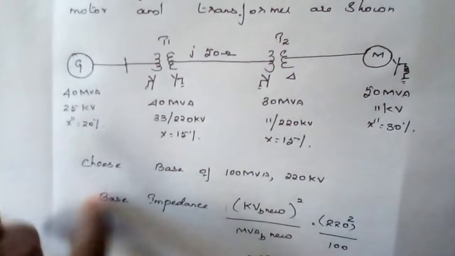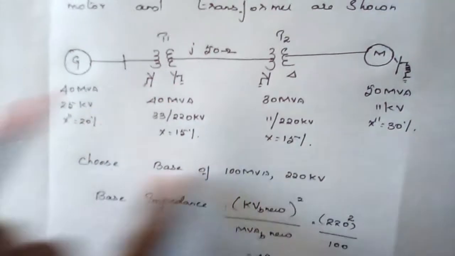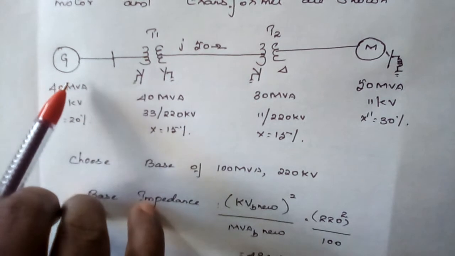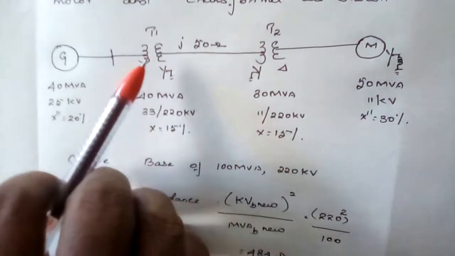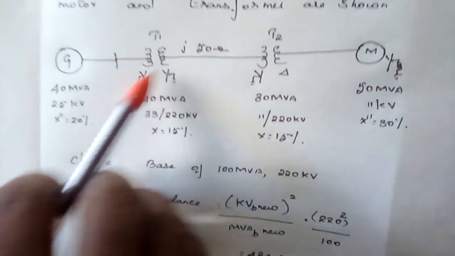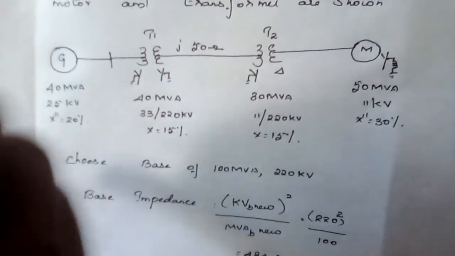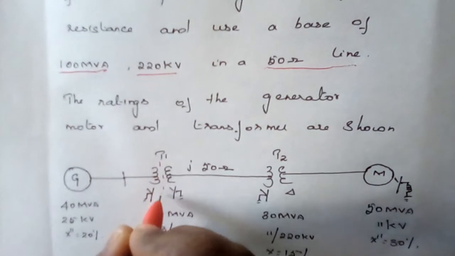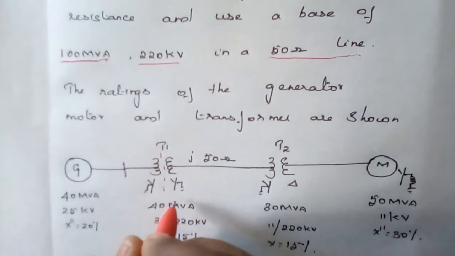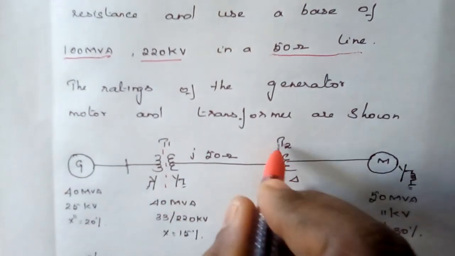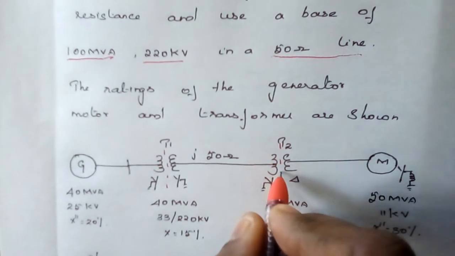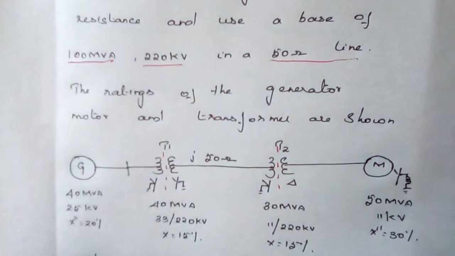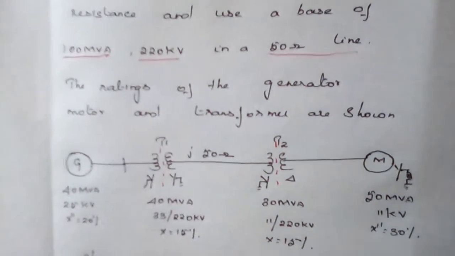After selecting the base MVA and the kV value, we need to sectionalize. In the single line diagram there are two transformers, T1 and T2. If you sectionalize, there will be one kV value till transformer T1, another kV value between T1 and T2, and another kV value after T2.